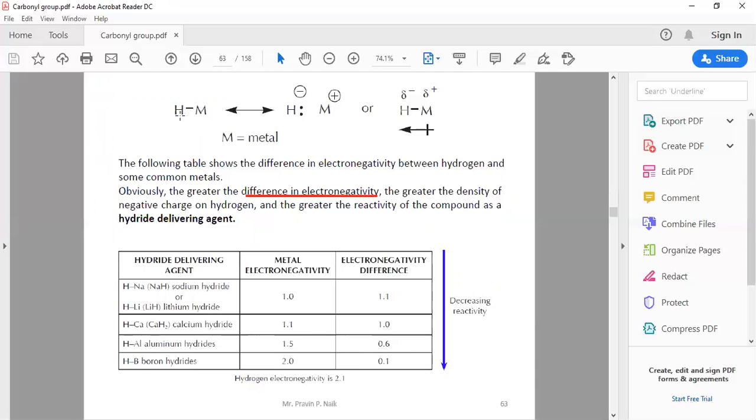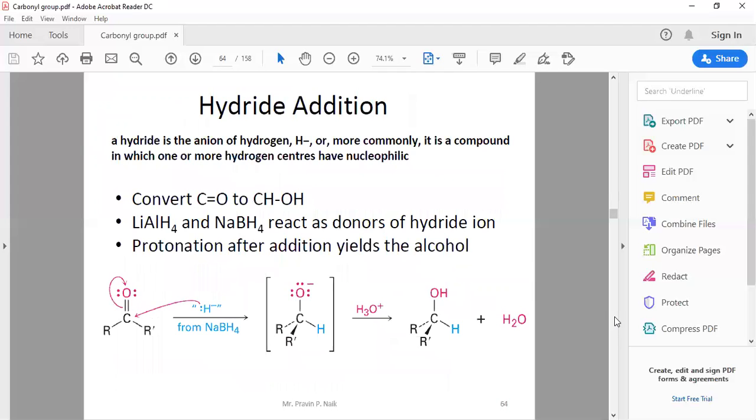So you can see this is also important. When the metal and the hydrogen bond breaks, the electrons of the bond get shifted onto the hydrogen atom, and therefore hydride is the hydrogen with the extra electron, and it carries the negative charge, and since the metal is electron deficient, it carries the positive charge. So hydride addition, if you see, the source for hydride here is indicated as sodium borohydride.